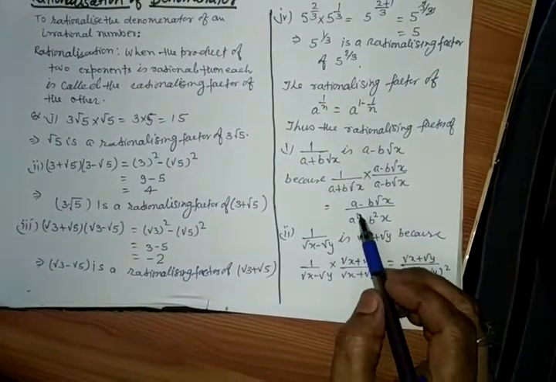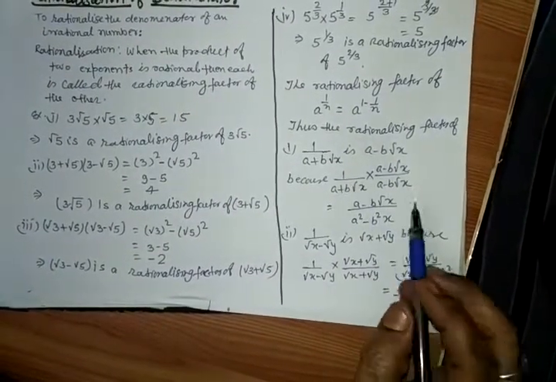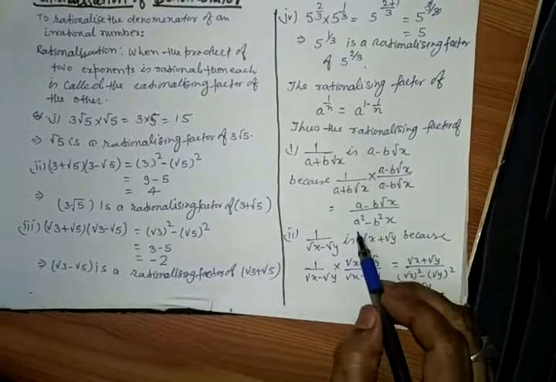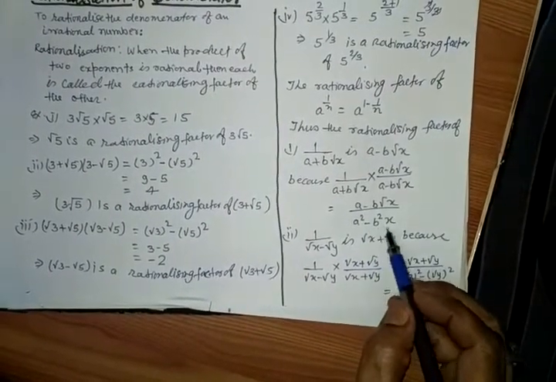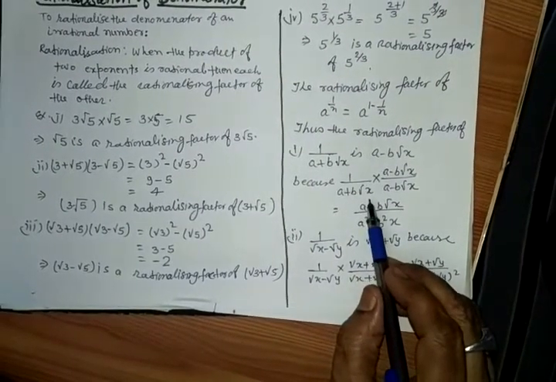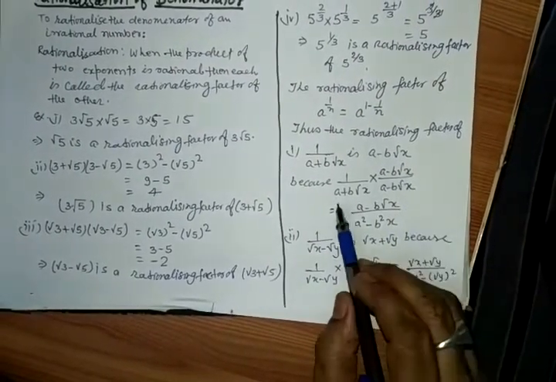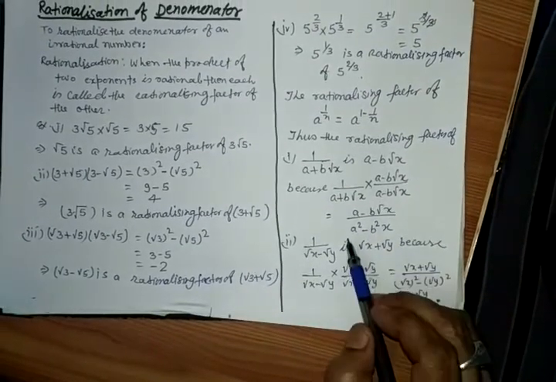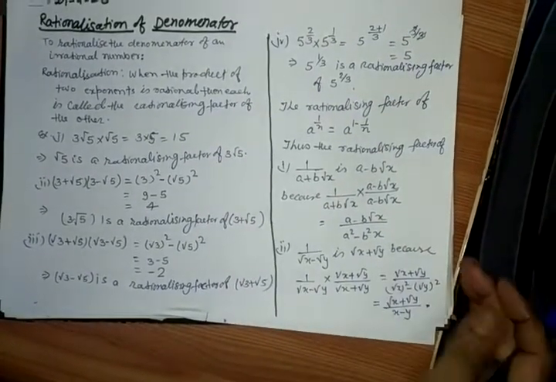That is, a minus b root x multiplied, and here a square minus b square x. A plus b root x into a minus b root x, that is (a plus b) into (a minus b), a square minus b square.